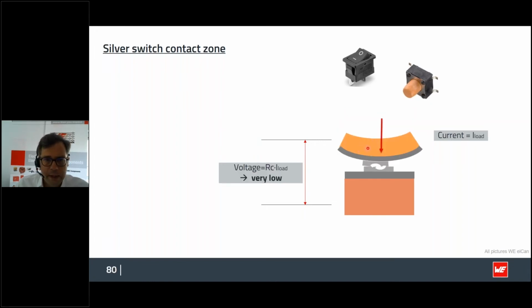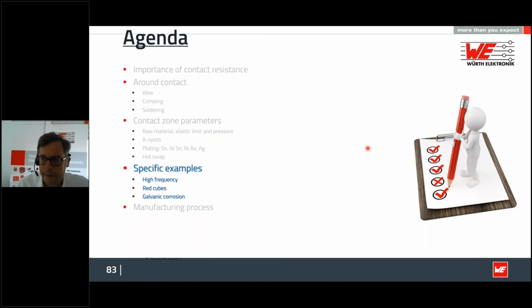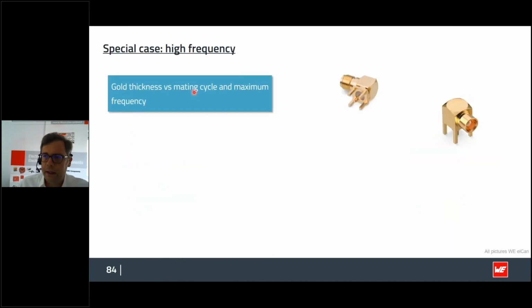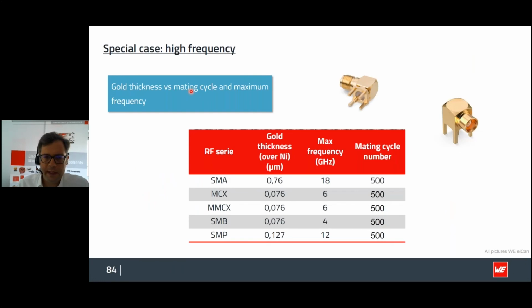A bit more, let's say, specific examples where these aspects that we were talking about even before are used for some more specific connections or connectors. In the first step, we have a look at the higher frequency connectors.